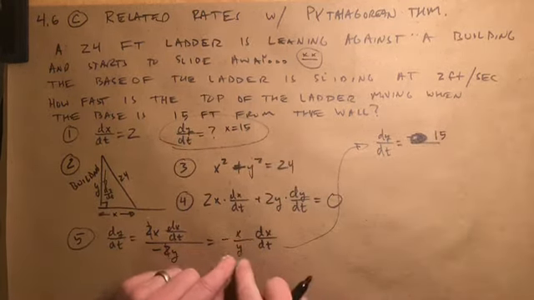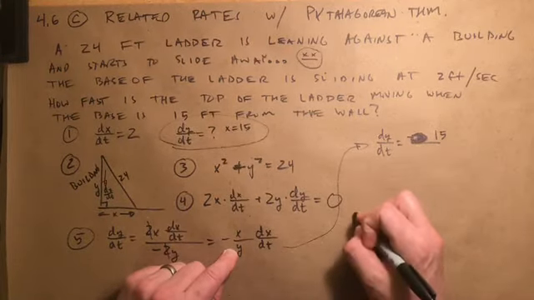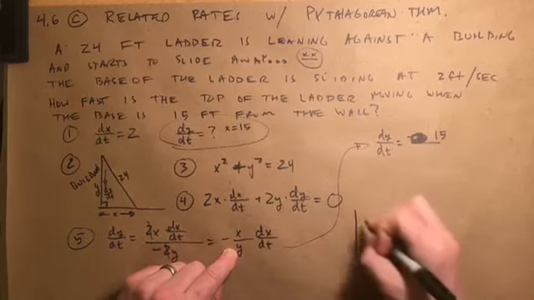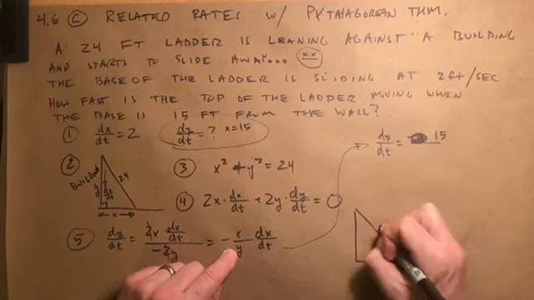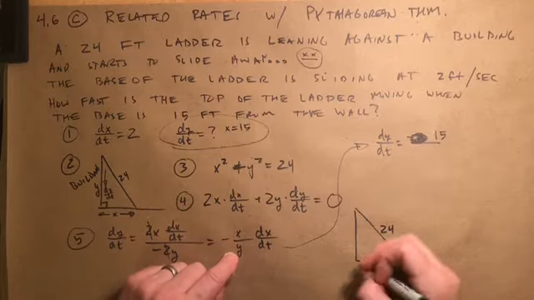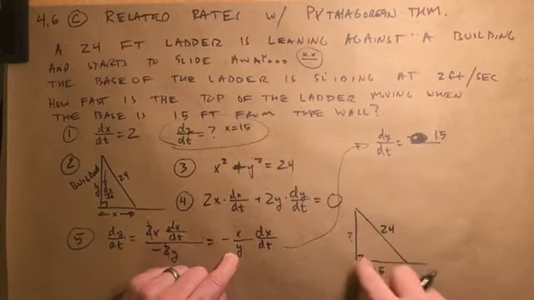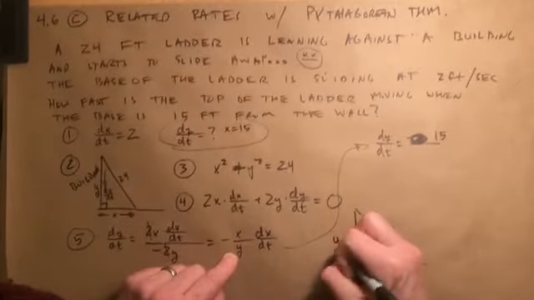And the question is, how am I going to get y? I'm going to make a little picture here. The ladder was 24, and y is unknown, but x was 15. And you guessed it, I'm going to use the Pythagorean theorem to get that y value.